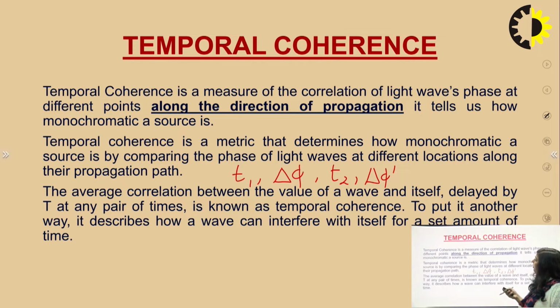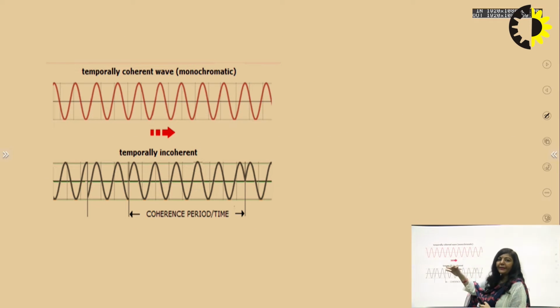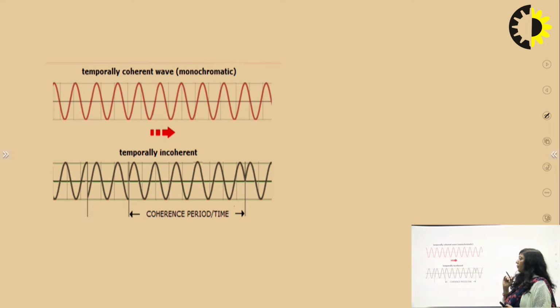Let's try to understand the meaning of this temporal coherence. In this picture, you have a light source. As I have already explained, from a light source we get perfect sinusoidal radiations. An ideal source can maintain this perfect sinusoidal behavior for an infinitely long time.